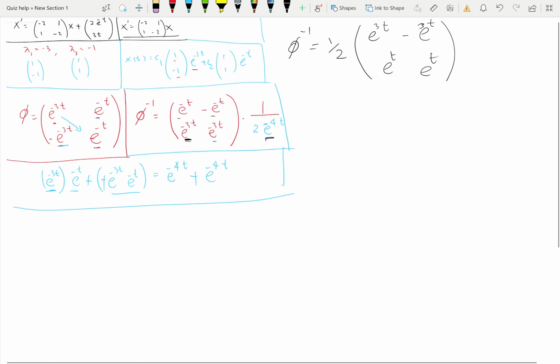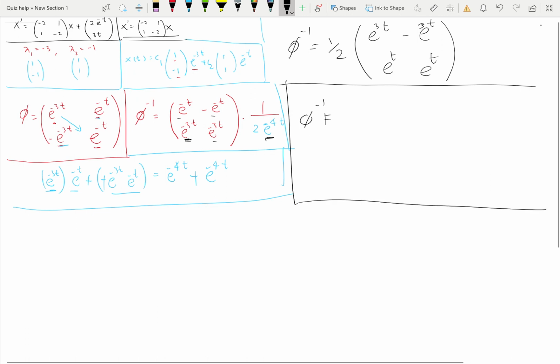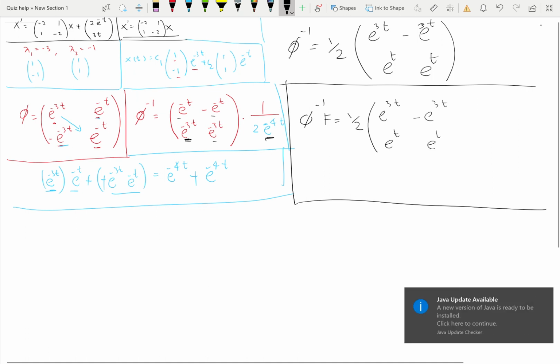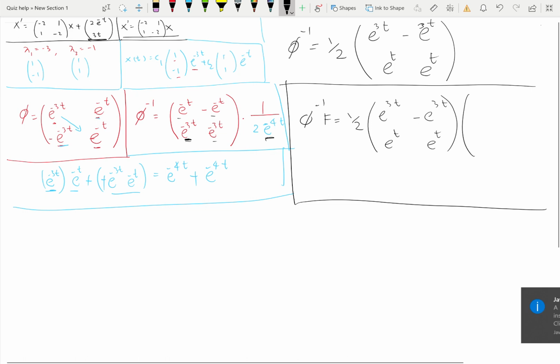Okay. Good. Now what you want to do is find phi inverse times f. So keep that half outside. e to the 3t, negative e to the 3t, e to the t, e to the t times f. From the non-homogeneous part of the system, we can say f is (2e to the -t, 3t).